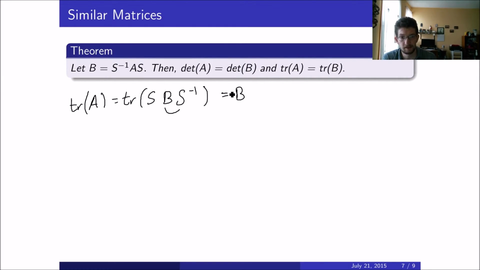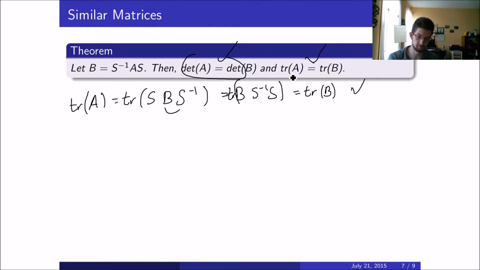This is the trace of B S inverse S, which is just going to be the trace of B. Cool. And we already know this part, so we've just proven this. So the trace respects similar matrices. Cool. So we know it's a fundamental property of linear algebra because it respects similar matrices.